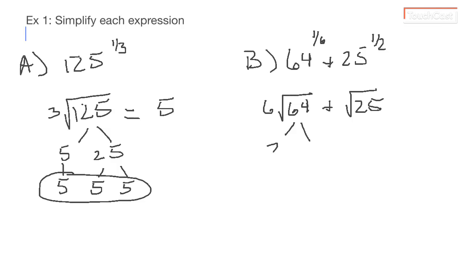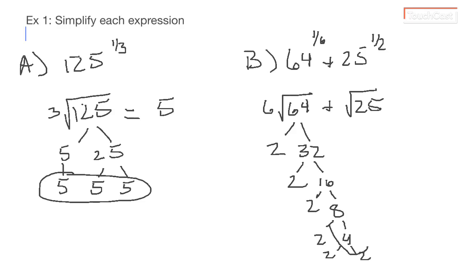I know that is 2 times 32. 2 is prime. We'll keep breaking 32 up. We've got 2 and 16, which we can keep breaking up, 2 and 8, 2 and 4, and then 4 goes into 2 and 2. So we're going to look for 6 of the same number, and I see 6 2's. When we're looking for the sixth root, we look for 6 of the same number.